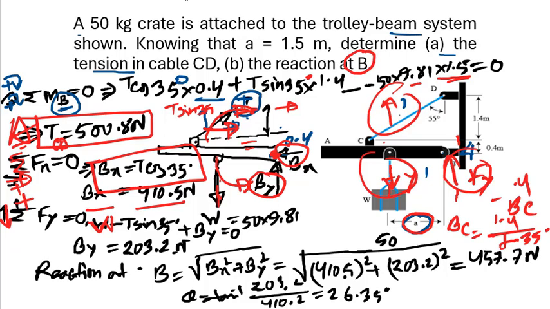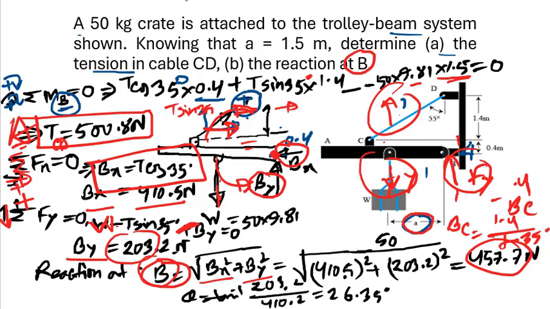T sin is acting in the upward direction, so it is negative, and By is also negative. Then we get the By value. Then for the reaction at B, we put it in the Pythagoras formula, and we get the B reaction force.